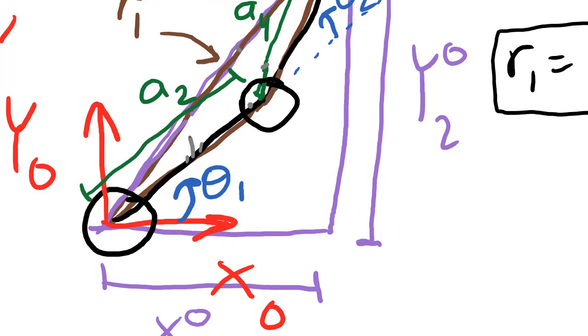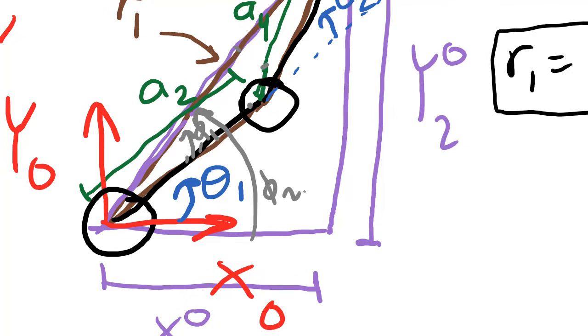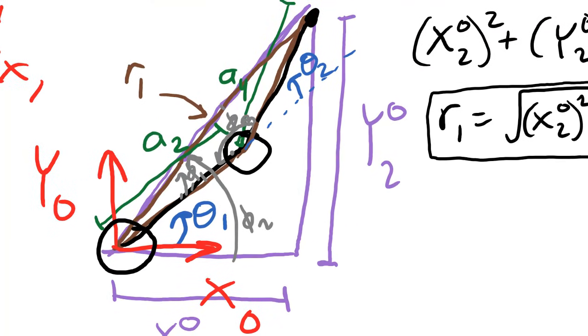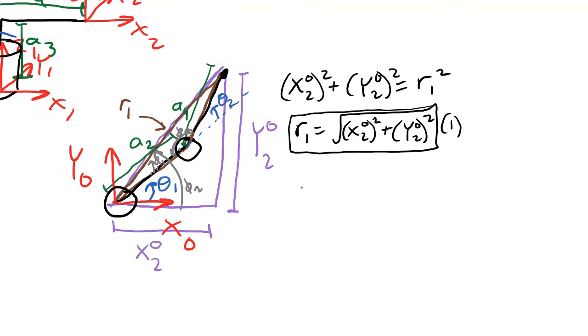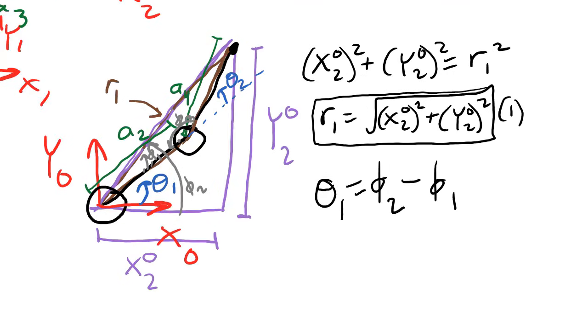Let's call this angle right here phi1. Let's call this entire angle in the purple triangle phi2. Now I can use phi1 and phi2 to write a relationship with theta 1 like this. Theta 1 is equal to phi 2 minus phi 1. If I can get expressions for phi 1 and phi 2, I can find theta 1.